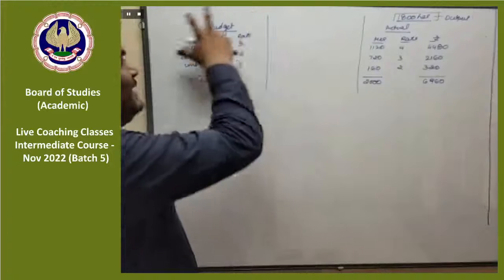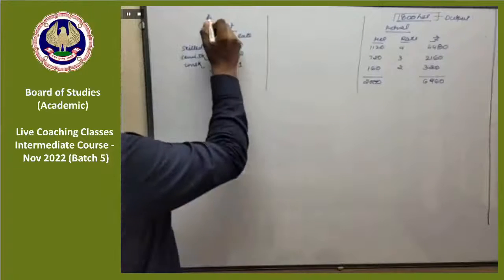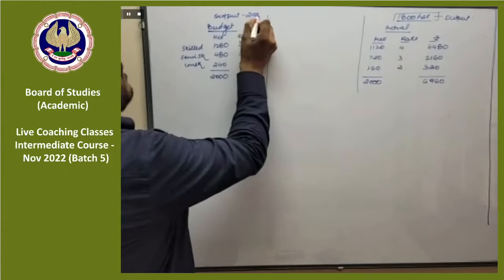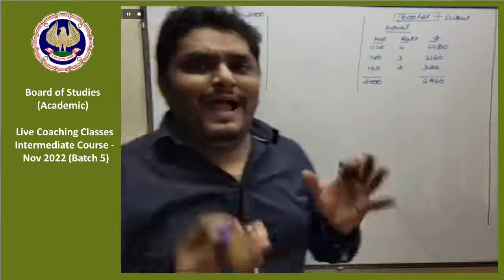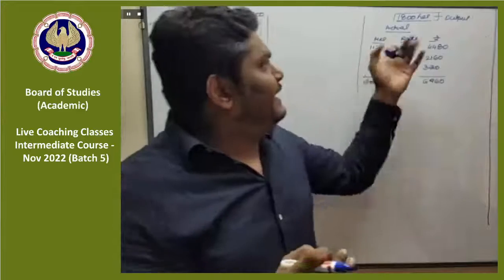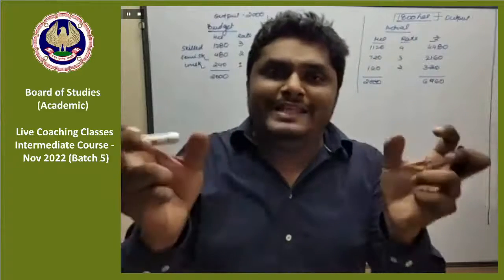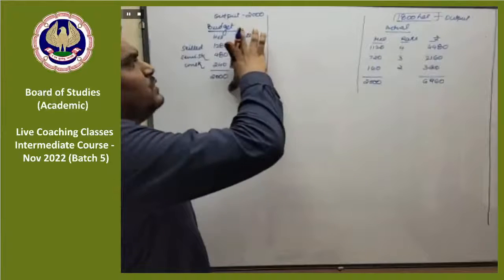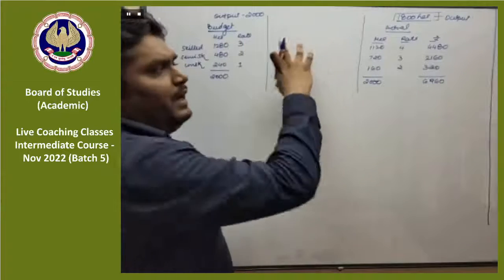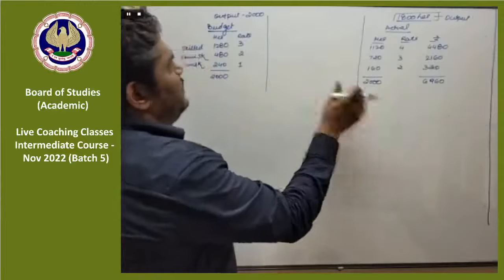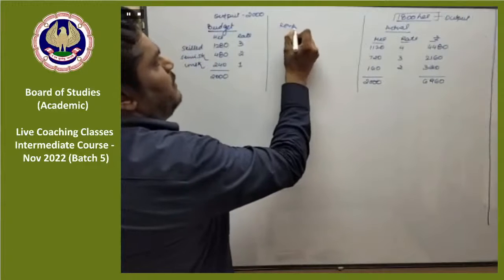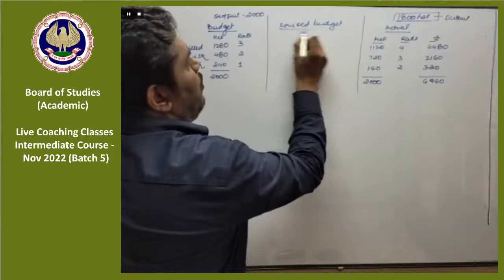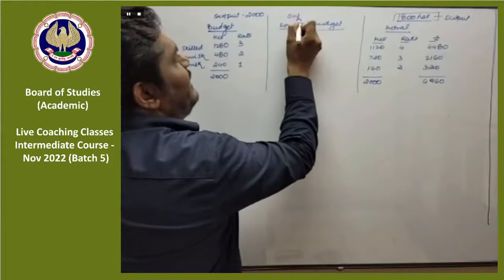So this budgeted data is related to 2000 hours of output, and the actual data is for 1800 hours of output. Are these two figures comparable? No. We have to convert this 2000 data into 1800 data, and then we will be able to compare. So we'll prepare a revised budget for 1800 hours of output.